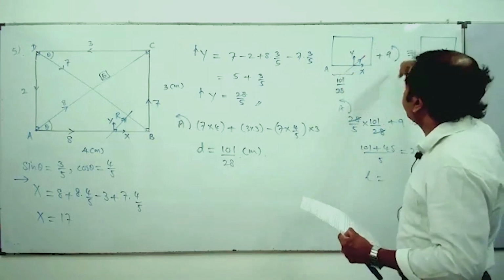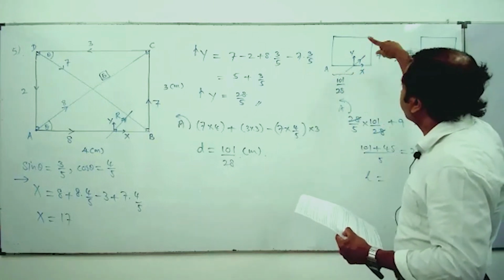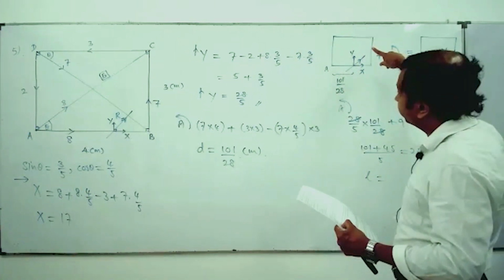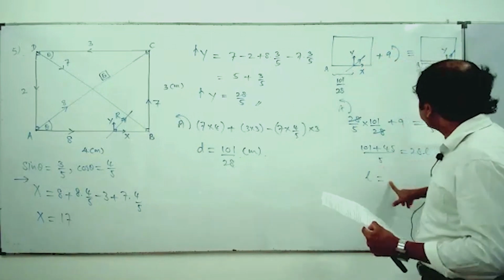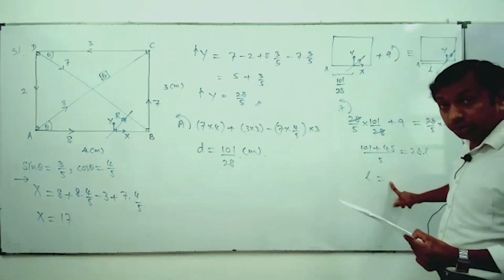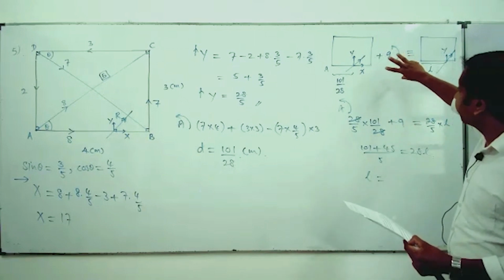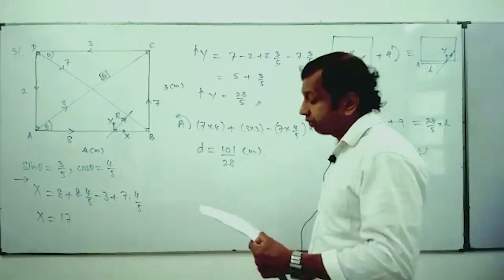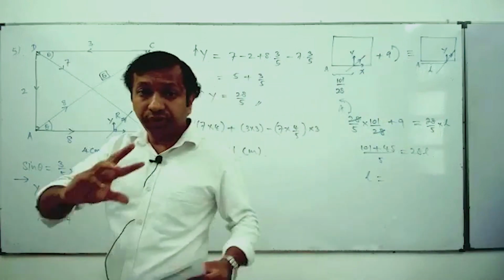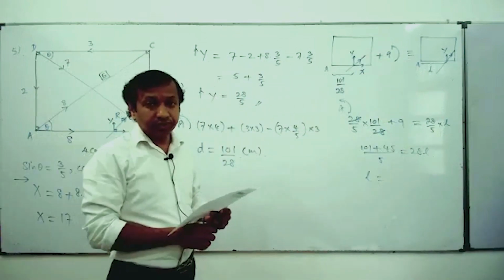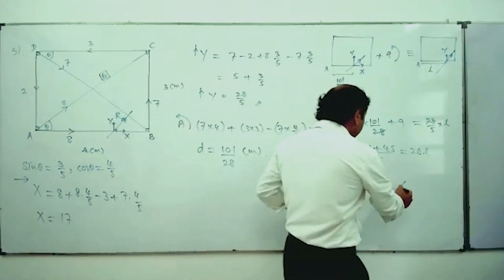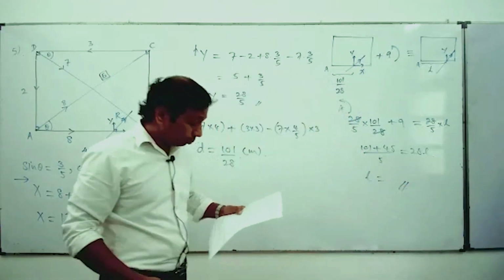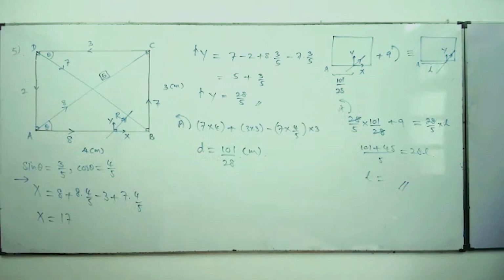ABCD means this way, anti-clockwise. But here, this answer for this L exactly you get as 2 when this couple has a sense clockwise 9. But given it is ABCD, this calculation is done taking that 9 clockwise. Therefore, our answer is correct. Take this answer here. Whatever you get there, that is correct.